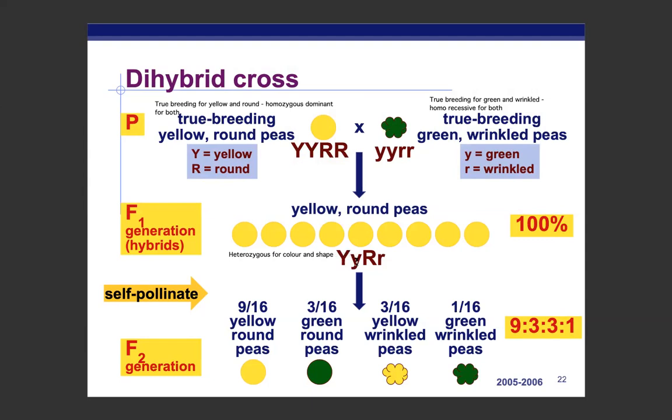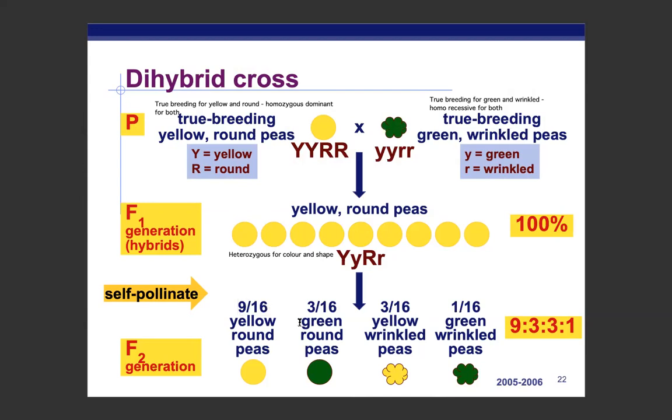So they're capital Y, lowercase y, heterozygous for color, and because they're heterozygous, they'll show the dominant characteristic, which is the yellow color. They're also heterozygous for shape, which means they'll show the dominant characteristic, the round shape. These then cross-pollinate or self-pollinate, either way. And in the final second generation, there's 9 out of 16 yellow round peas.